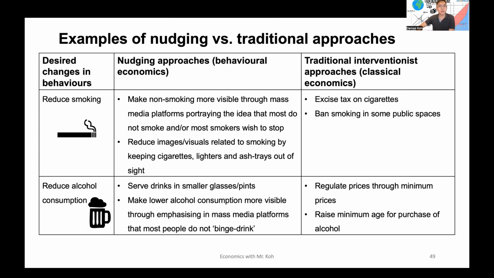In comparison with traditional interventionist approaches in terms of price regulation through, for example, minimum prices. So that raises the cost, right? So the fundamental cost benefit ratio has changed in the traditional approach, as well as raising minimum age for purchase of alcohol, again, restricting the choice of consumers.